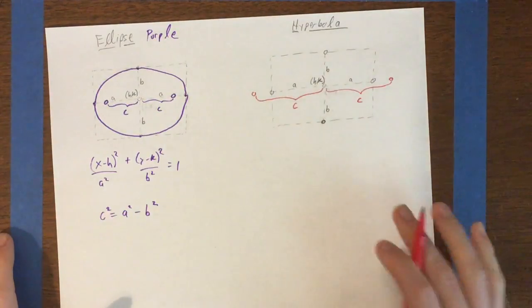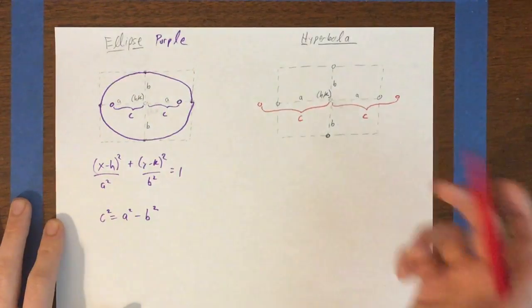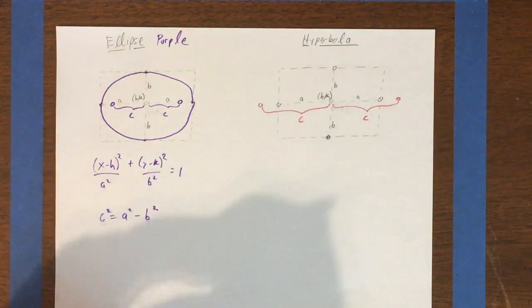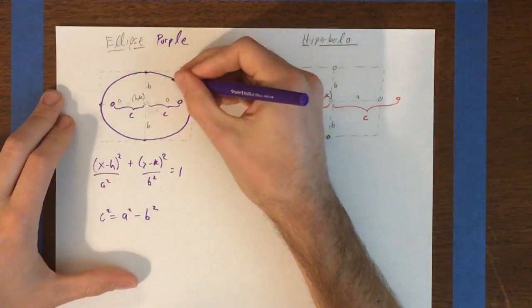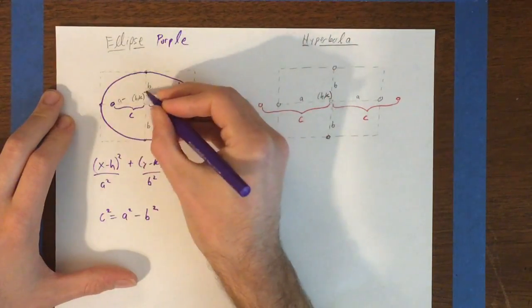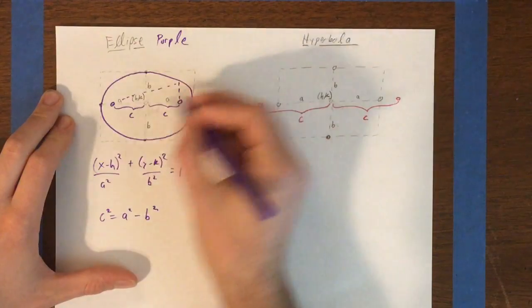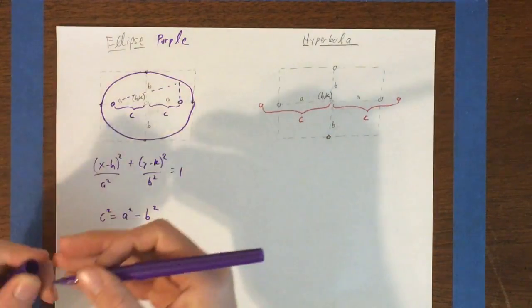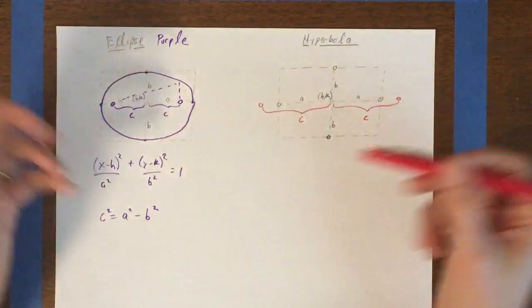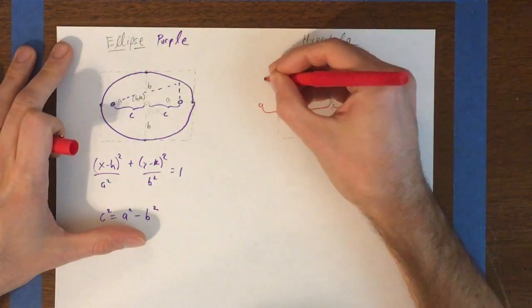We have to change the definition. Back here, we stuck a point on the curve and took the two distances to the foci, added them, and set them equal to a constant. Instead, with a hyperbola, let's take a point like here, for example.